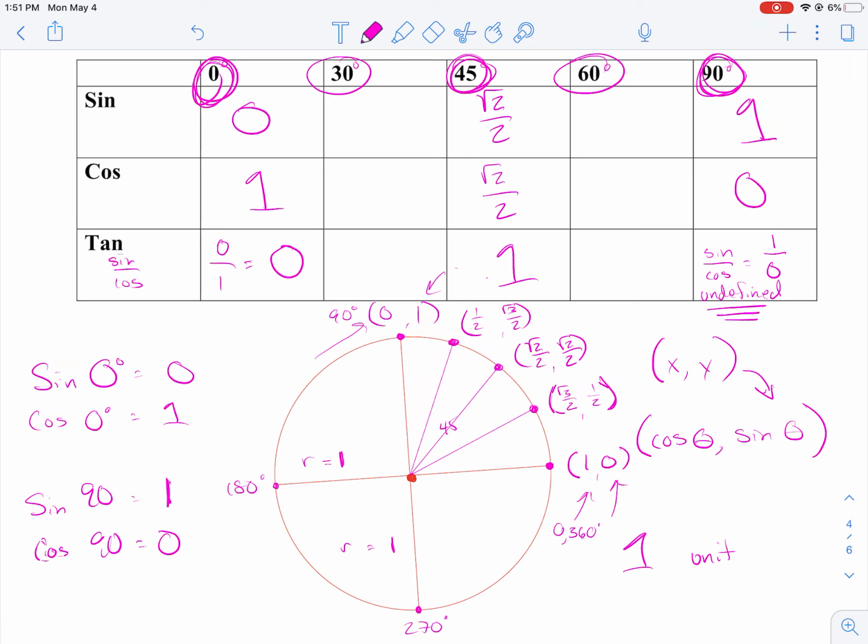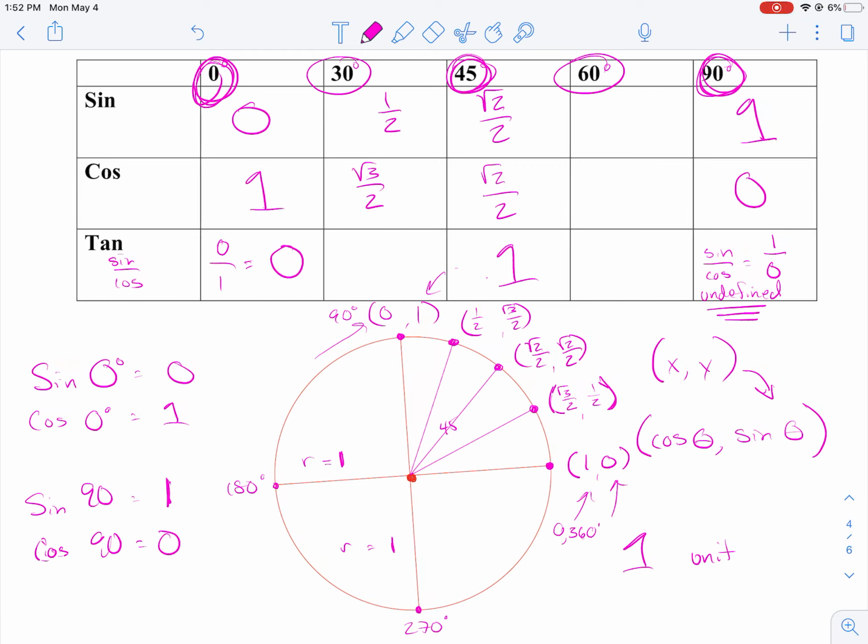Now again, these are just points on the unit circle. There are actually points out in the coordinate plane. So you just got to remember that these are just x and y values that go around our circle. So again, the sine of 30 degrees is 1/2. Cosine of 30 degrees, square root 3 over 2.